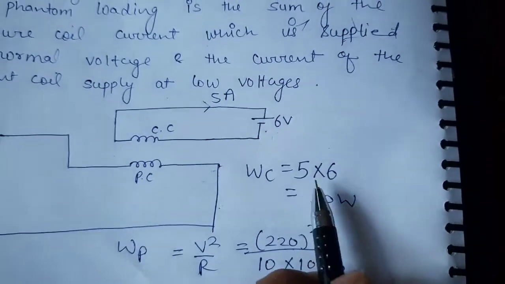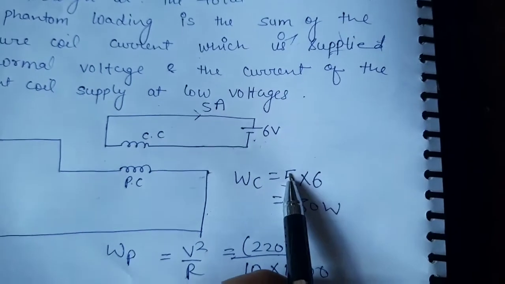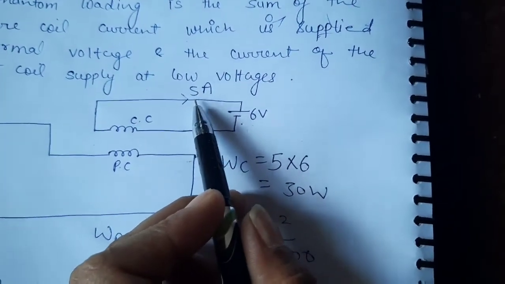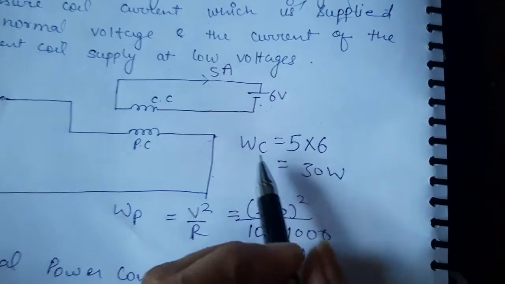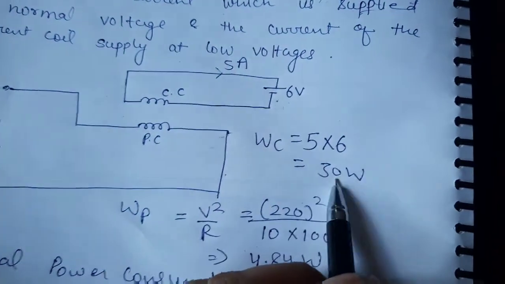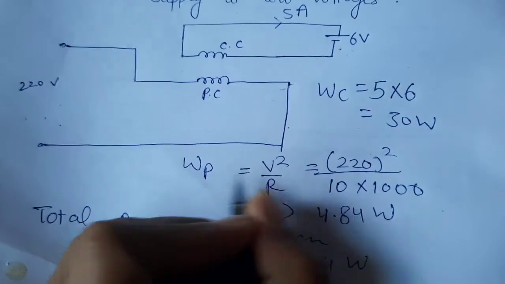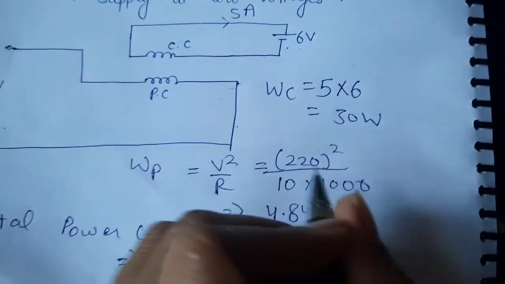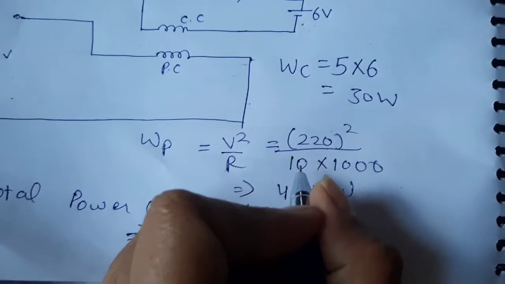Power consumption in the current coil: 5 ampere current flows in this circuit and a 6 volt battery. Then the total power consumption in the current coil is 30 watt, and the power consumption in the pressure coil, WP, equals V square by R. V is 220 volt and R is 10 kilo ohm.